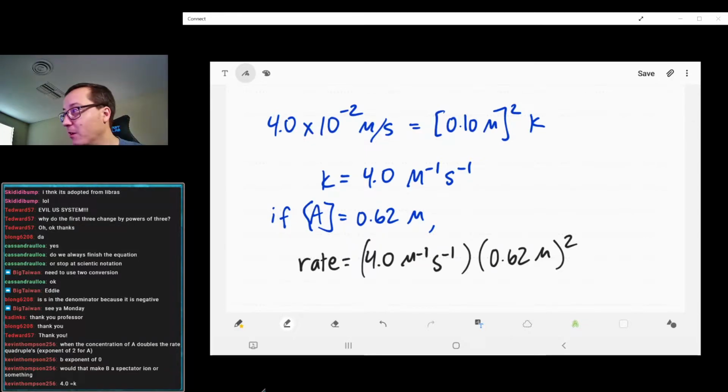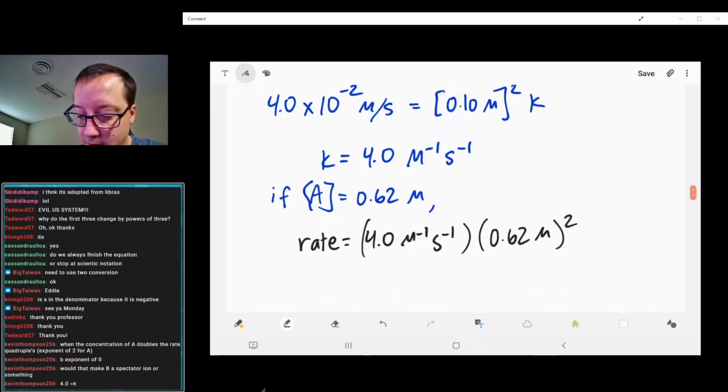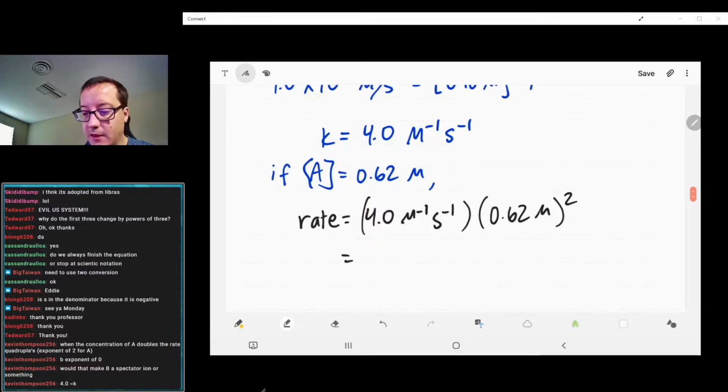Of course, now I'm not going to be able to, but that's okay. Bust out our friend Google: 4 times 0.62 times 0.62. And we end up getting a rate of 1.5. I guess this is going to be molar per second, as we should get. Hooray.